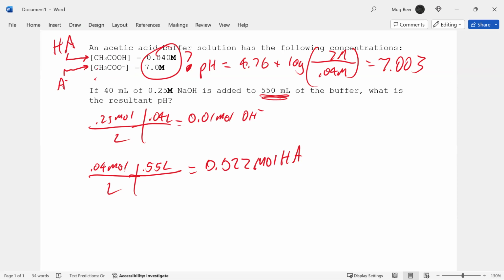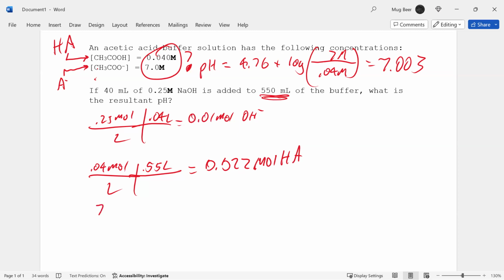So it's H, and that's this H here, and then the A is the anion, the acetate. And so down here, I've got a charged polyatomic ion, so that's why it's just A. It just makes it easier than us writing out all the letters and numbers for acetic acid. So my weak acid's number of moles is 0.022.